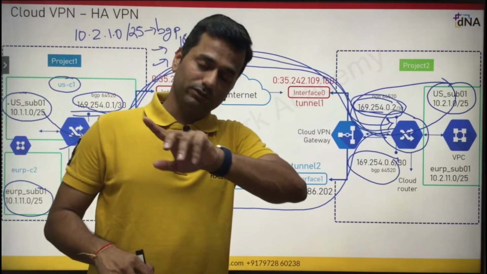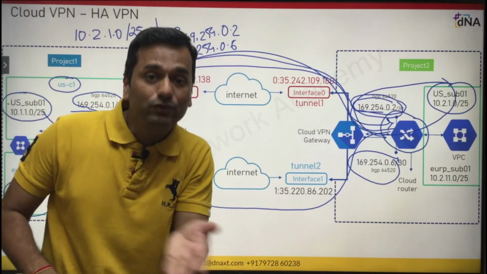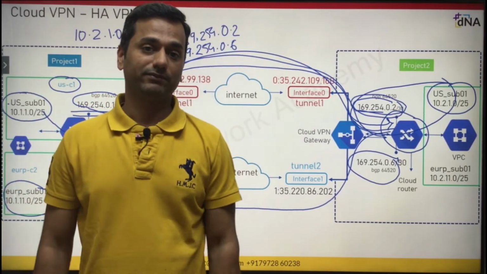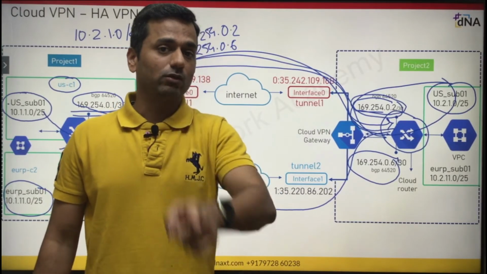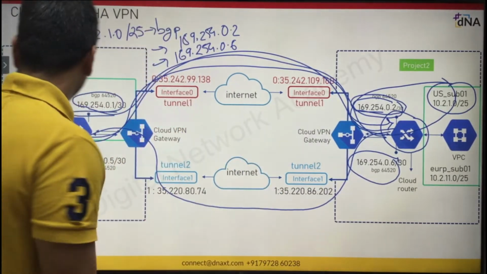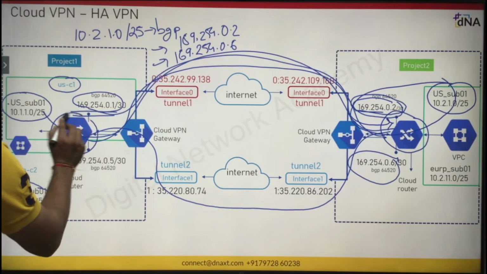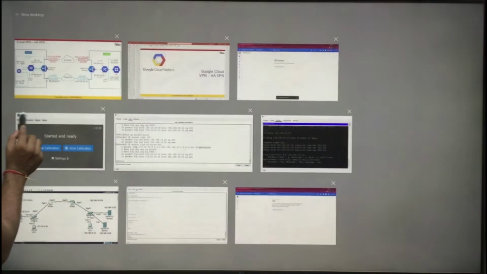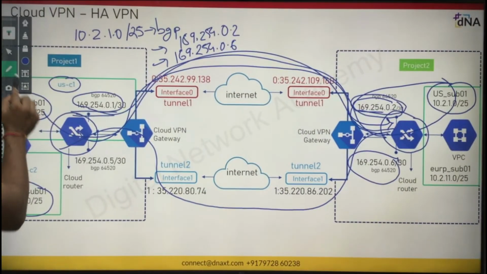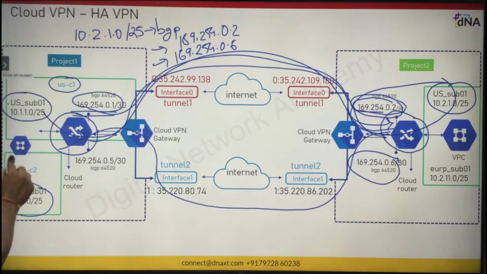By default, it depends on your VPC dynamic routing mode. If your VPC dynamic routing mode is regional, this cloud router will only advertise the 10.1.1.0/25 route.